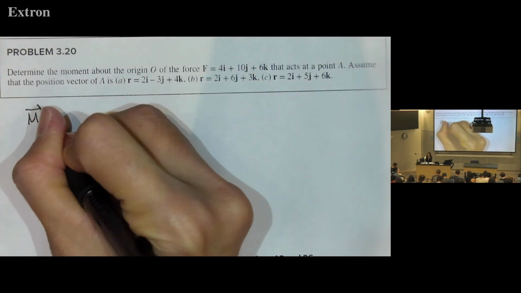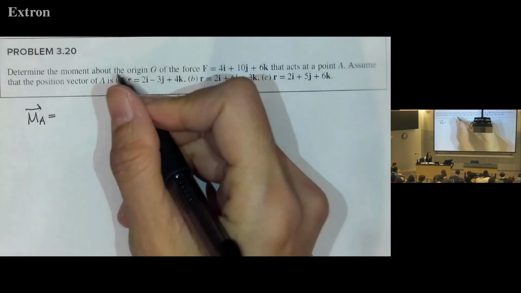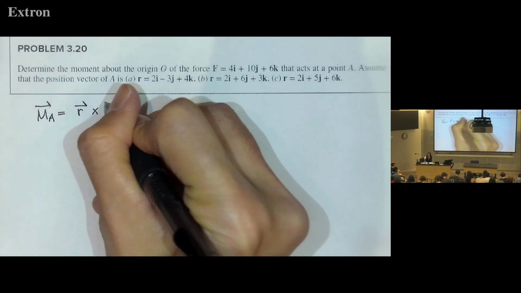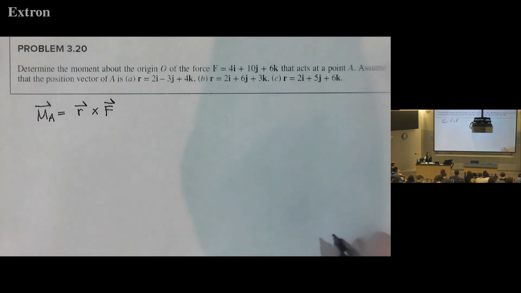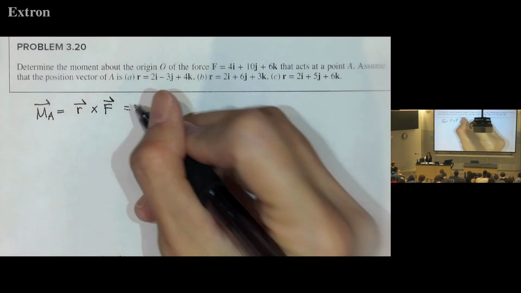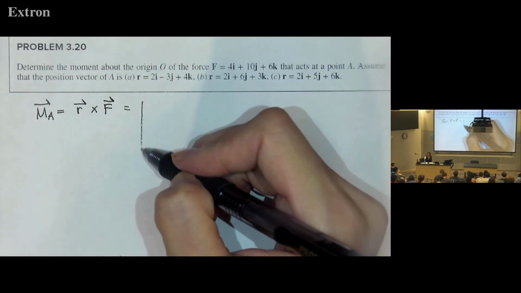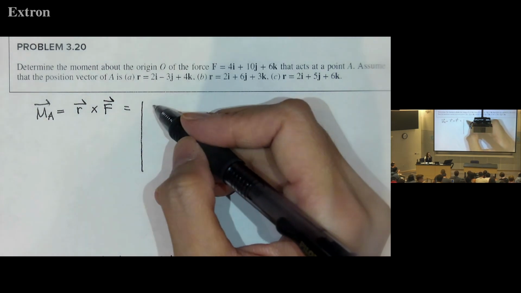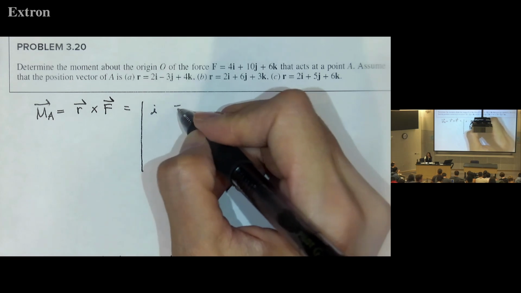Okay. Then moment about A, right? So that's R cross F. R cross F. So that's what we learned today. And then let's use the determinant method. So 3 rows, and first row is i, j, k.